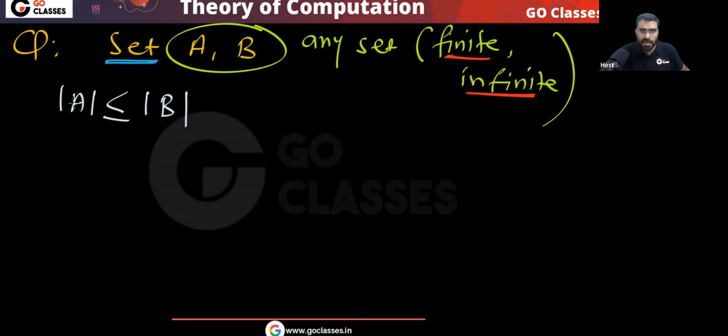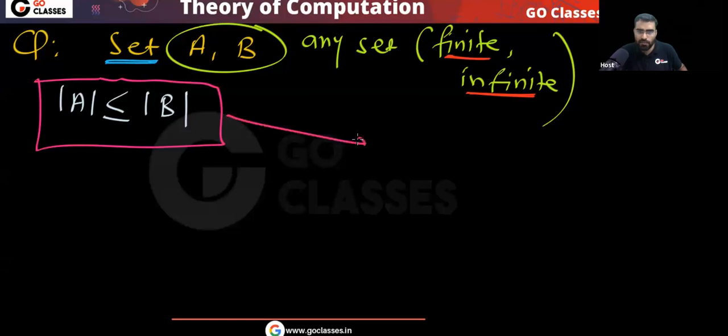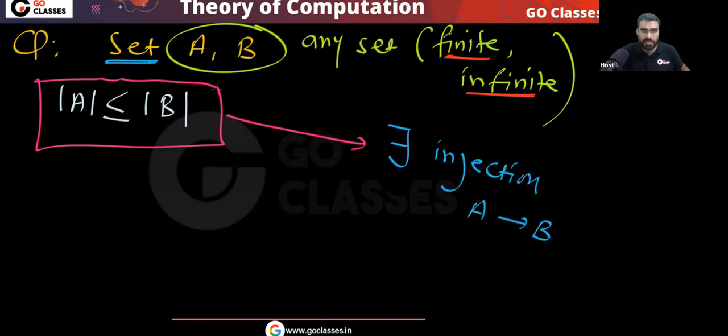Now tell me, if cardinality of A is less than or equal to cardinality of B, can I say there exists an injection? Can you create an injection from A to B? Yes or no? Very simple.